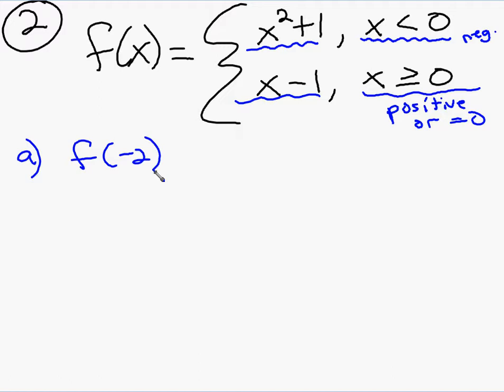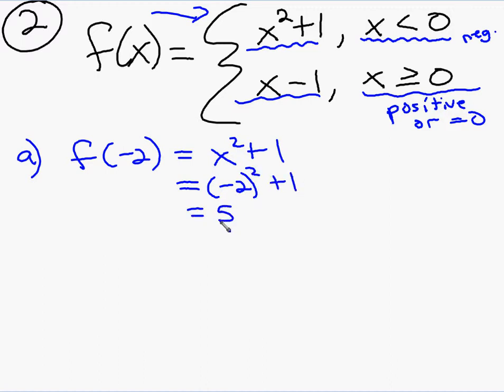If I wanted to find f of negative 2, would I use the top function or the bottom function? I would use the top function. So I'm going to use x squared plus 1, and I'm going to plug my negative 2 into that. Negative 2 squared plus 1, that will be 5.